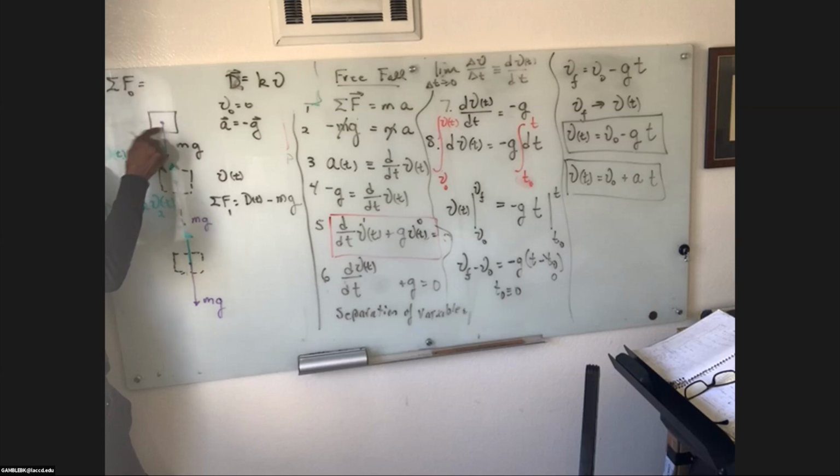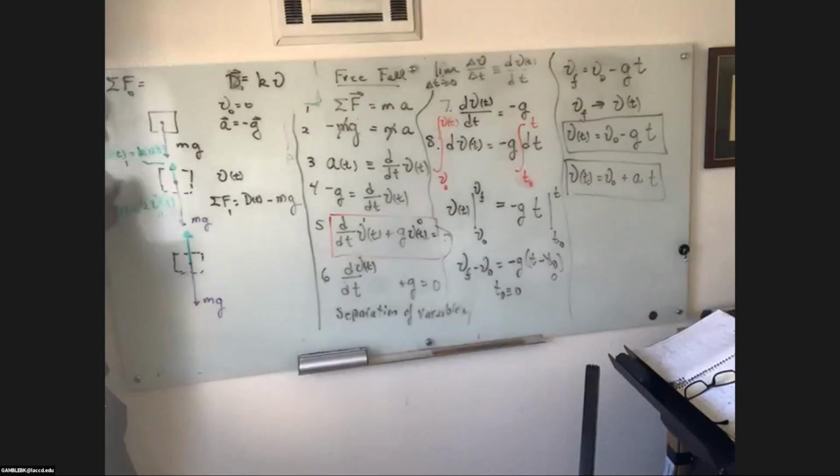What would I write? How many forces are on the object at position 0? Yes, it's pointing down. So that's negative. And what is its magnitude? What is the magnitude of the force at position 0?